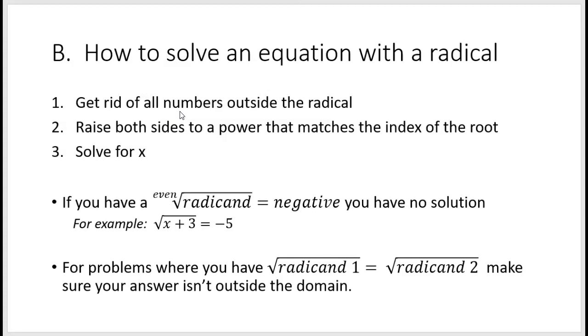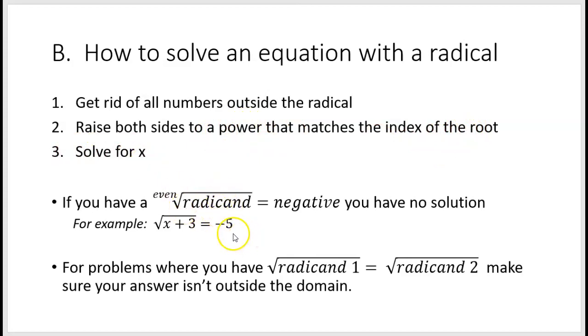For instance, if you're taking a square root, then you would square both sides. If you are taking a cube root, then you would raise both sides to the third power. The idea is that powers cancel out roots. And after you've gotten rid of the root, it's as simple as solving for x. So once again, the steps are get rid of the numbers outside of the radical, raise both sides to the power that will cancel out the radical, and then solve for x.